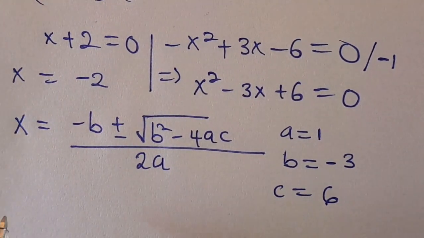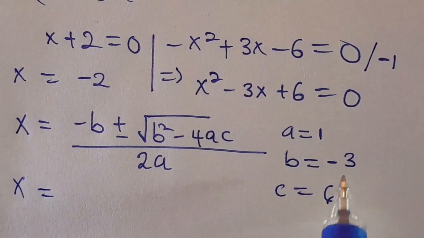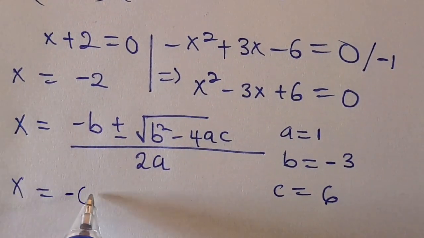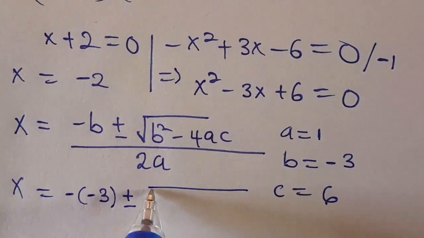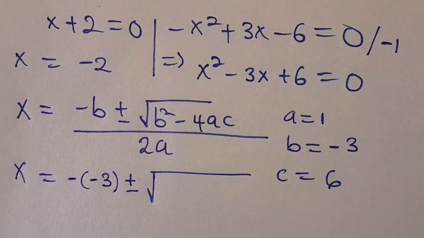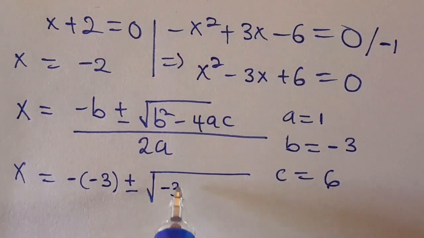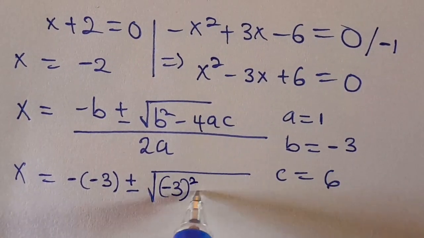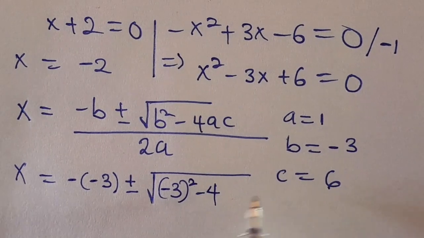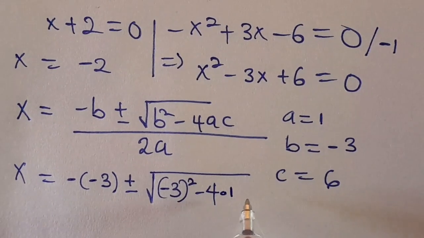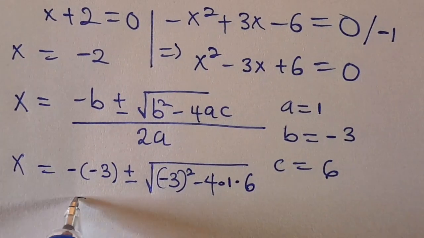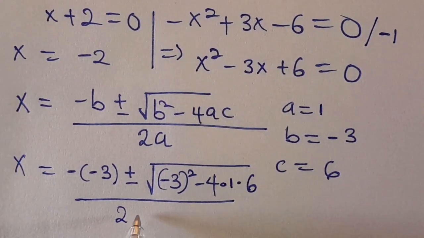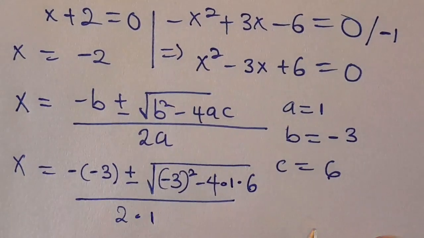So by plugging everything in here, we have our x to be equal to minus into minus 3, then positive or negative, then square root of minus 3 squared minus 4, then multiply by a is 1, multiply by c is 6. Then we have everything divided by 2, multiply by a, 1.